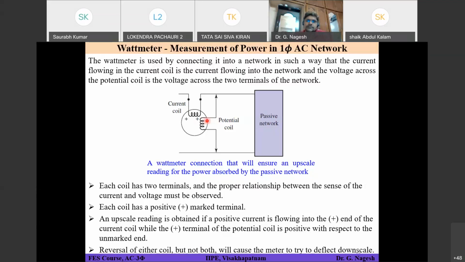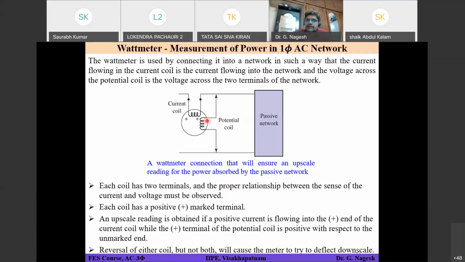You are understanding? So the force should be created on the needle in such a direction that it will move in the clockwise direction, and it will show you the power proportional to the consumed power in the network. If you are creating a force in the opposite direction, then the needle can't move because that is the minimum it can be, so it will remain at 0 itself.